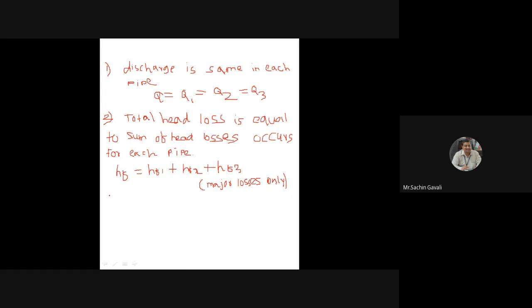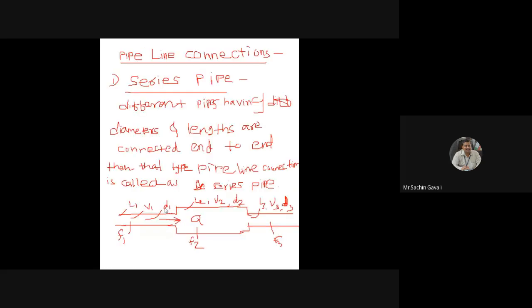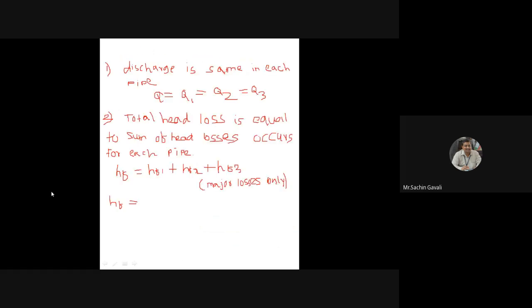Now, what is the frictional head loss for the first pipe? Anybody? We have the diagram with us. The first pipe has diameter d1, length L1, velocity v1, and coefficient of friction f1. So what will be the head loss due to friction for pipe 1?